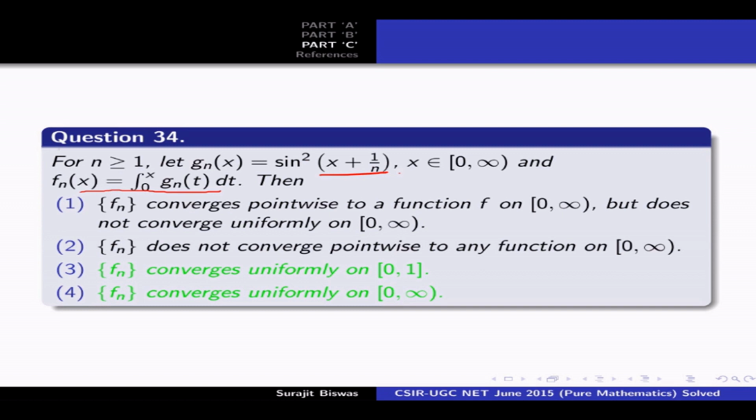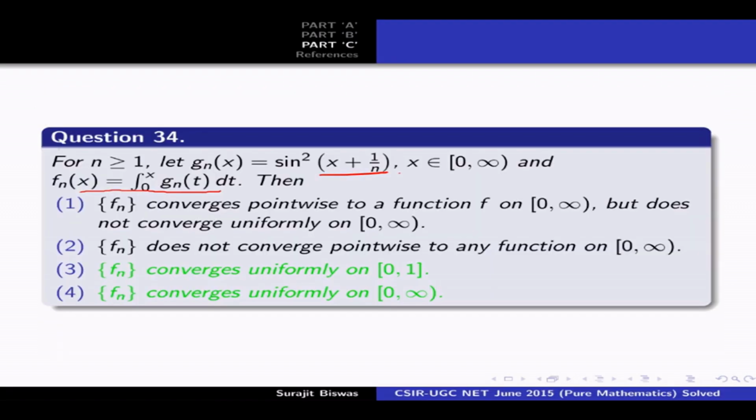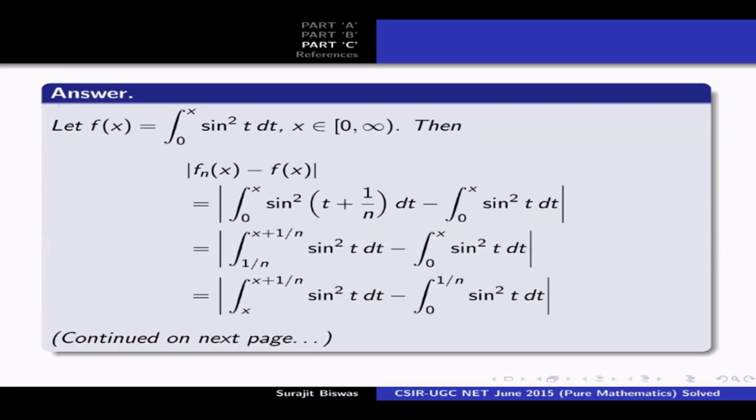Okay, so for this first we proceed by using the definition. So now as n tends to infinity, pointwise gn converges to the sine square x function. So therefore we denote this function f(x) as integration 0 to x sine square t dt, for x belongs to 0 infinity.